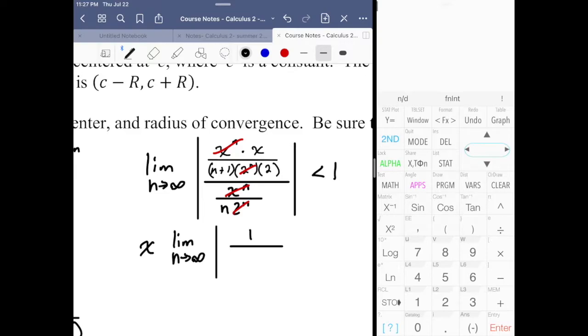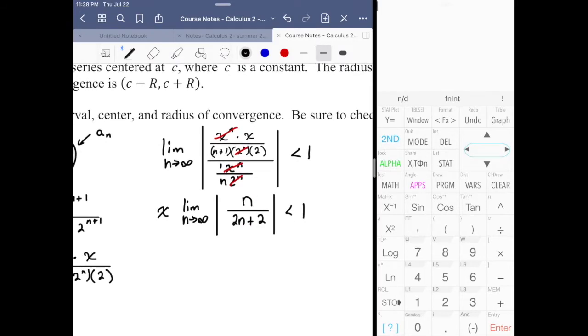On the bottom, we have the 2, and keep, change, flip: the 1 over n becomes n over 1, so the top is going to become n, and the bottom is going to become 2 times n plus 1, which is 2n plus 2.